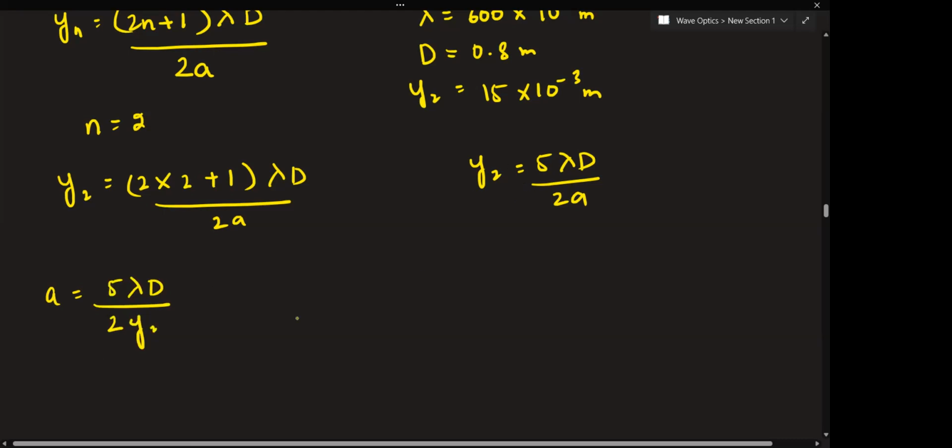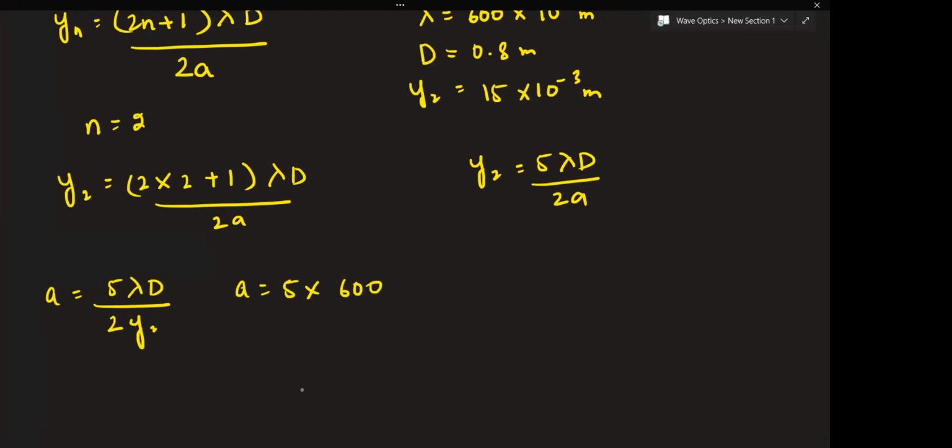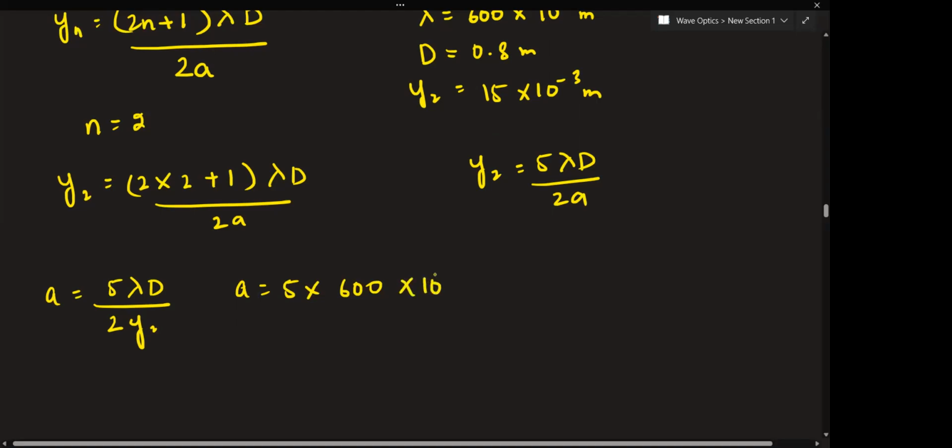If you just transpose it this side, a will be equal to 5 into 600 multiplied by... How much is your answer coming, Abdullah? 80 into 10 to the power minus 6. Correct. So it would be 600 into 10 to the power minus 9 into 0.8 divided by 2 into 15 into 10 to the power minus 3.